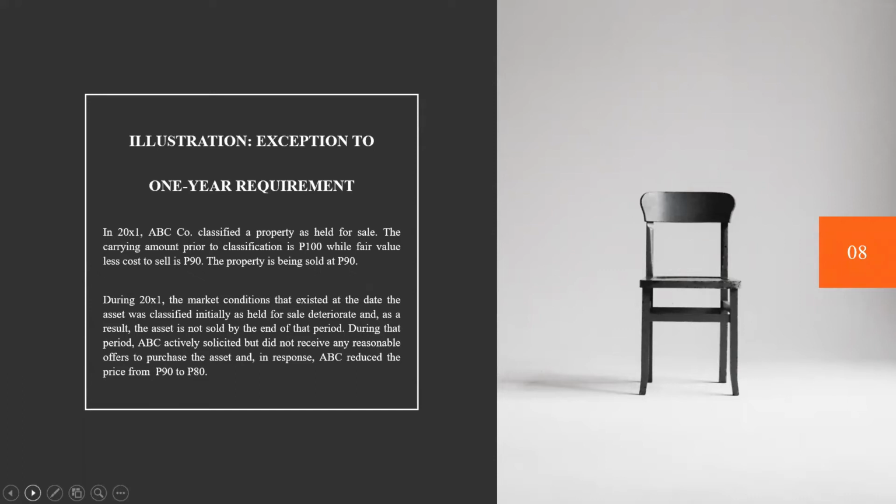During 2001, the market conditions that existed at the date the asset was classified initially as held for sale deteriorate, and as a result, the asset is not sold by the end of the period. During the period, ABC actively solicited but did not receive any reasonable offers to purchase the asset, and in response, ABC reduced the price from 90 to 80 pesos.